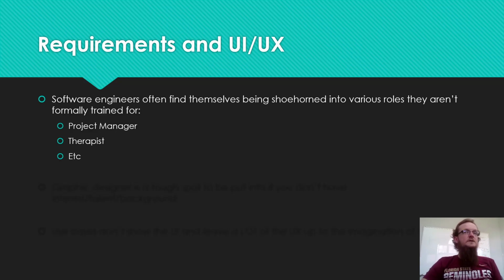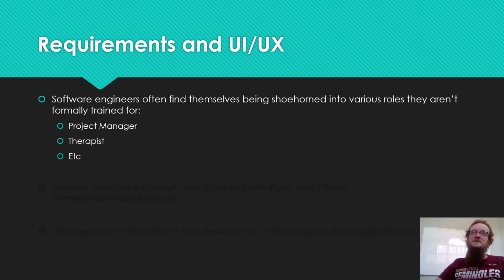And so we've talked about how software engineering is difficult because it requires people to be things that they aren't necessarily trained to be. We've already talked about how you kind of have to be a project manager if you don't have a dedicated project manager.